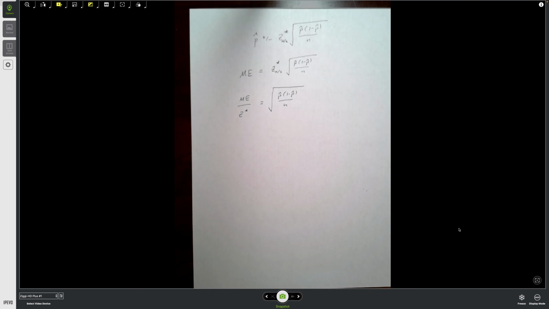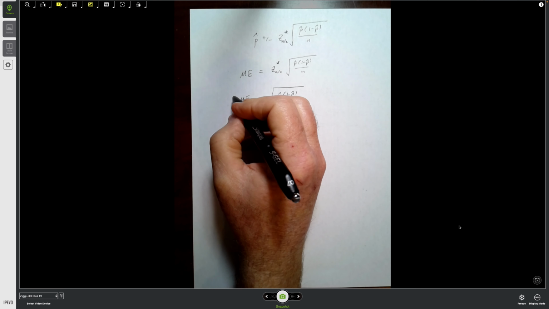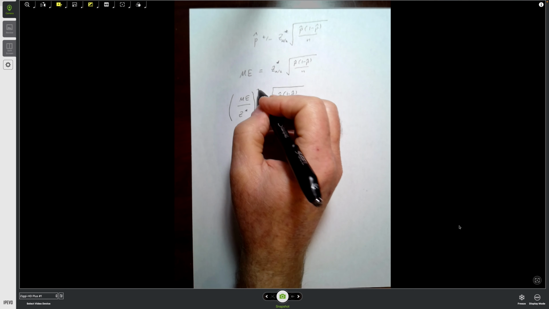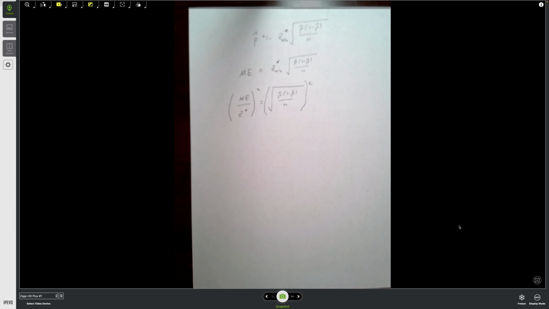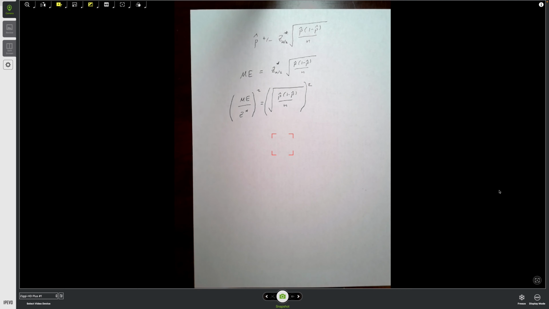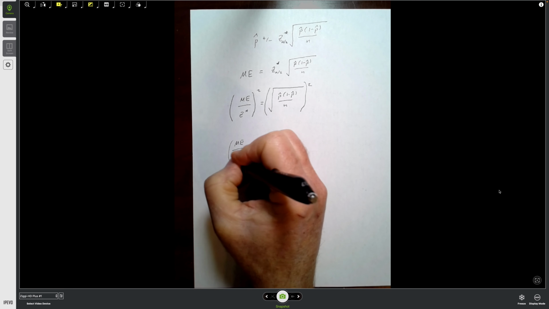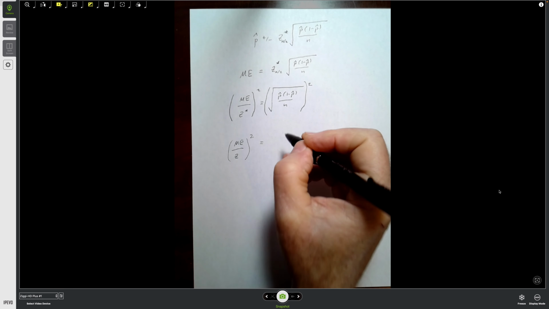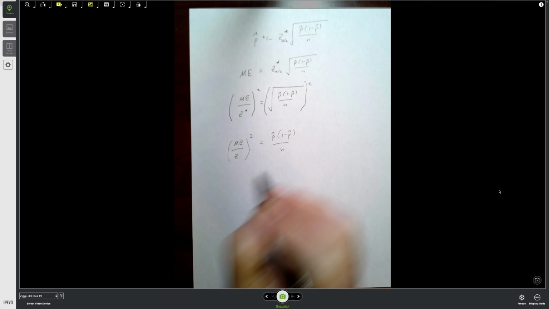Next, I'd want to square both sides for obvious reasons. I want to get rid of that square root sign. So on the left side, I have the margin of error over the z critical, squared. And on the right side, I have p hat times 1 minus p hat over n.